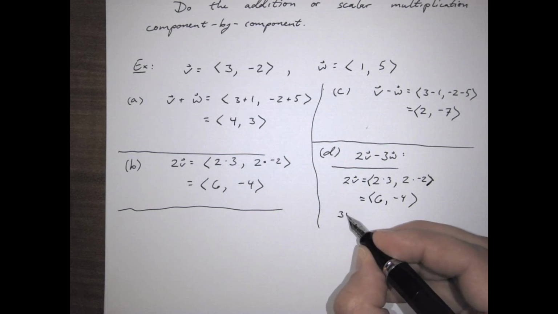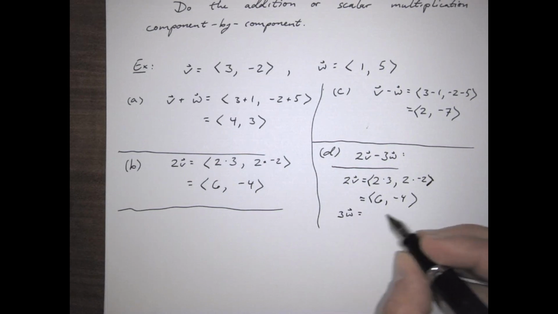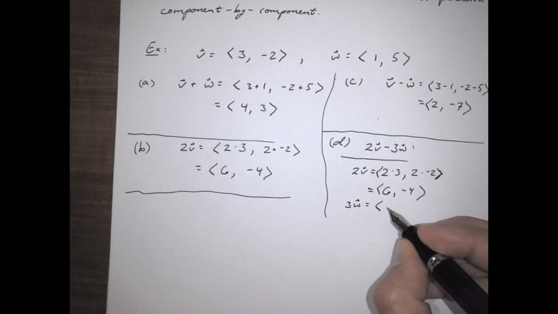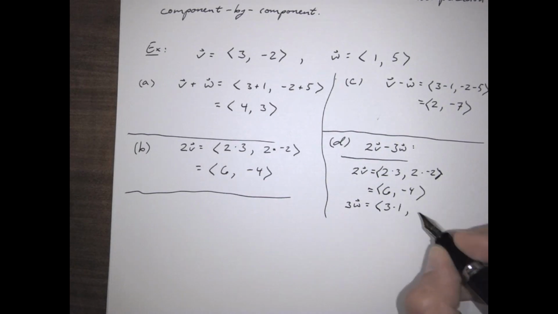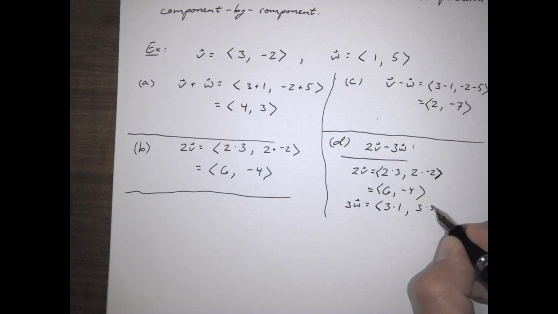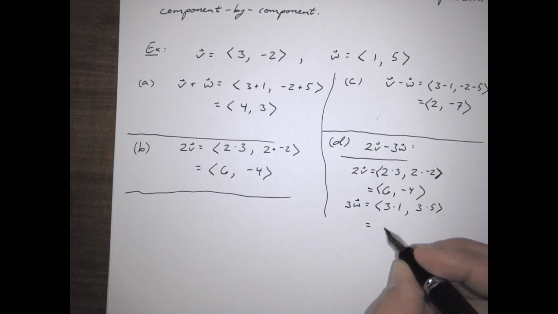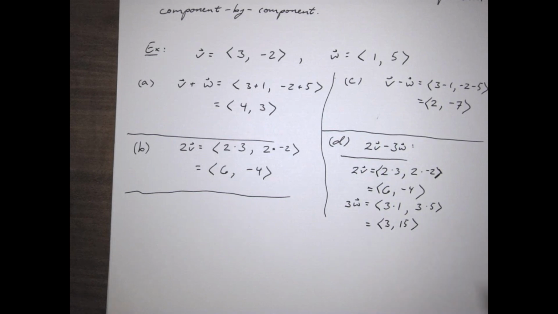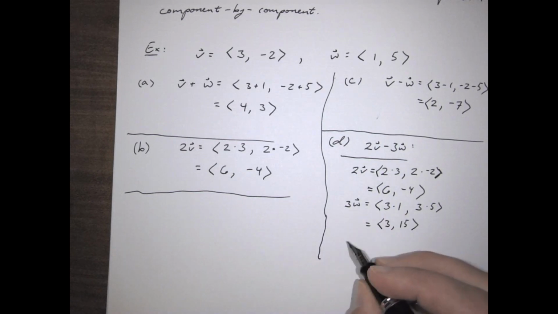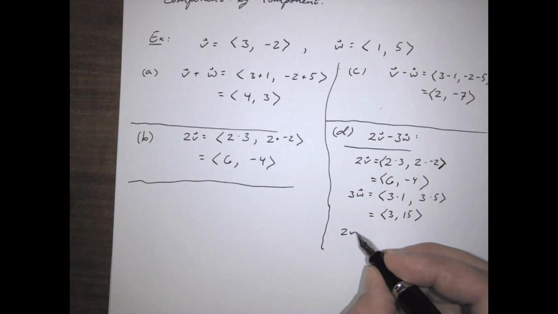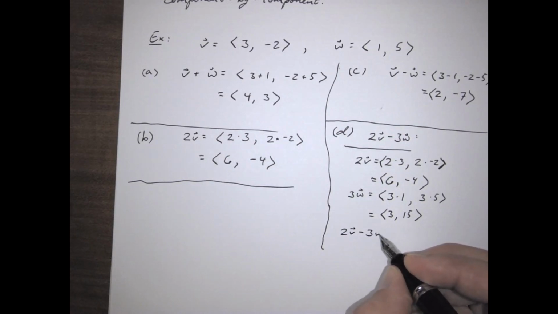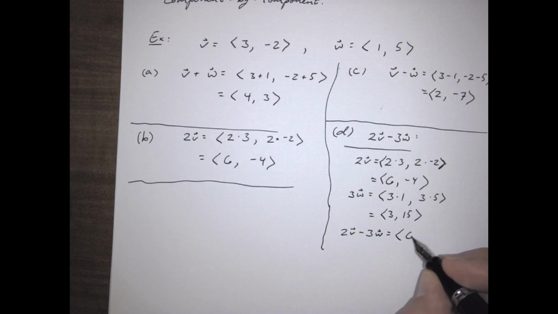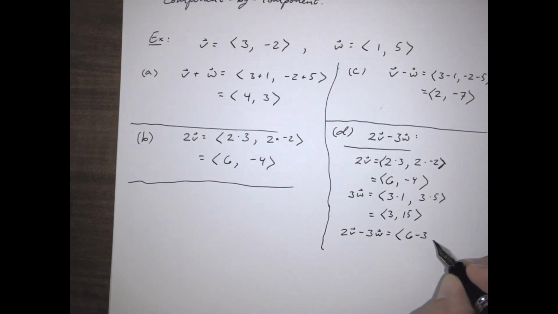3w would be just 3 times the entries of w, so that'd be 3 times 1 and 3 times 5. So in other words, just 3, 15. And then the grand result, 2v minus 3w, would just be 6 minus 3.